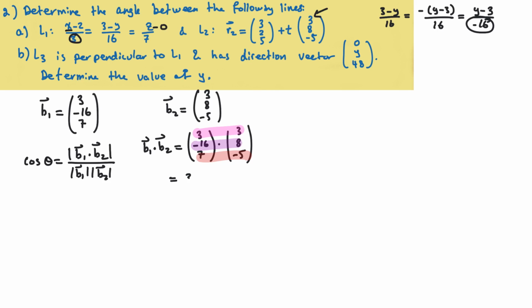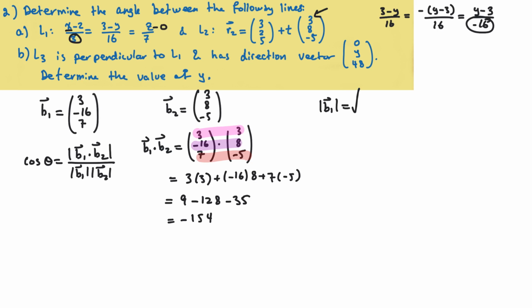So we have 3 times 3 plus -16 times 8 plus 7 times -5, and we get 9 minus 128 minus 35, which gives us -154.